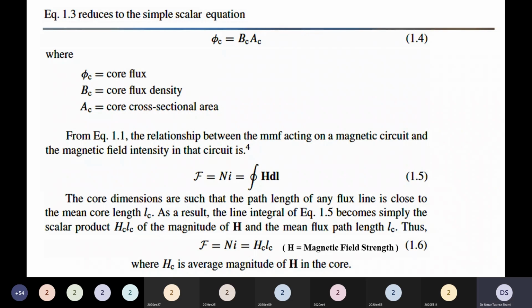So H is a vector. However, in equation 1.5, we will consider only the magnitude of H.